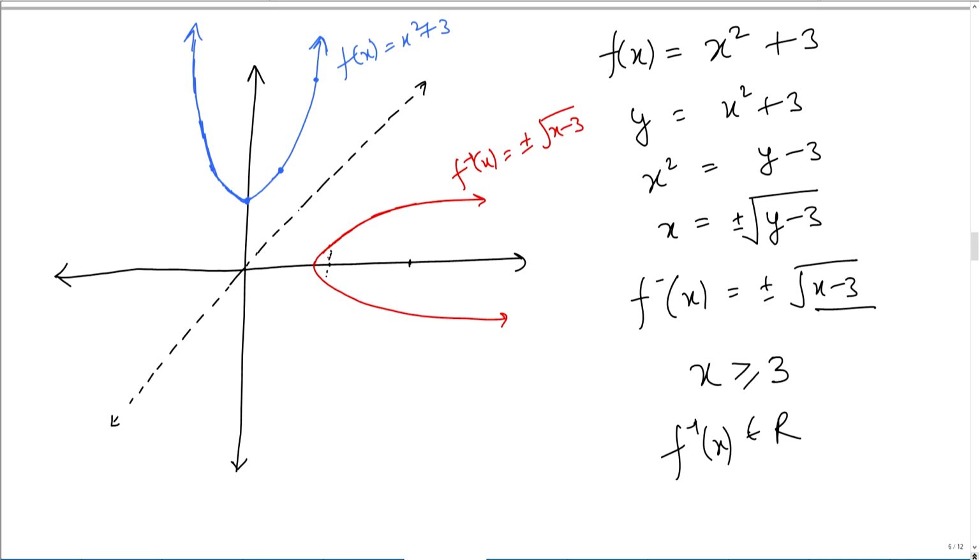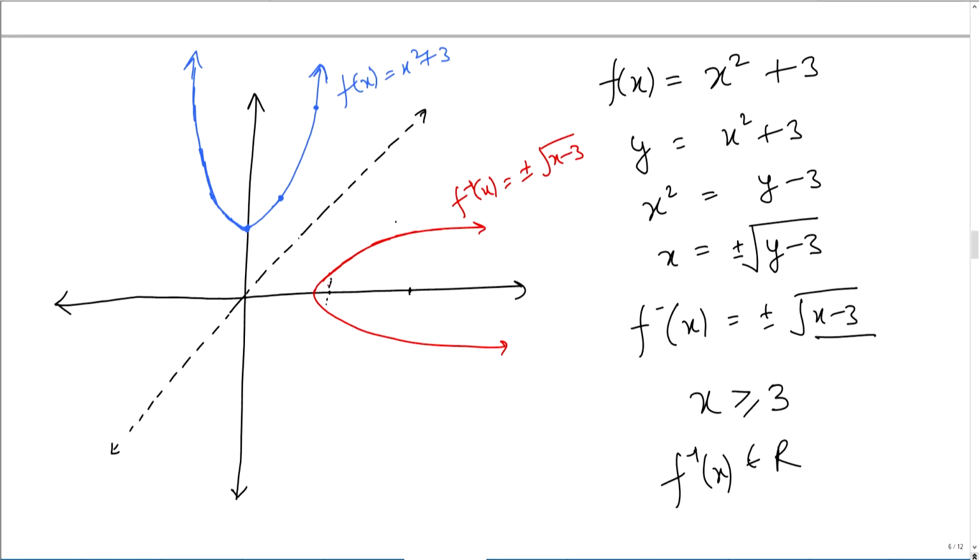So we have drawn the graph of the function x squared plus 3 and its inverse function plus minus root x minus 3. You can check domain and codomain. Here y has to be greater than or equal to 3, here x is greater than or equal to 3. So the mirror image is such that whatever happened on the y-axis here happens on the x-axis here. That's the idea of an inverse function as well.